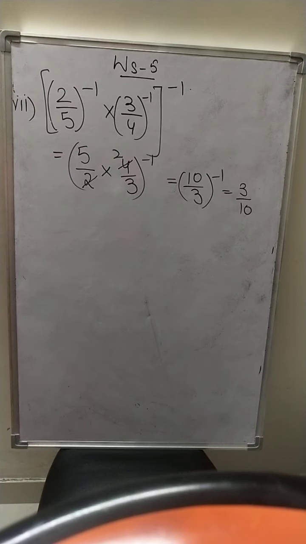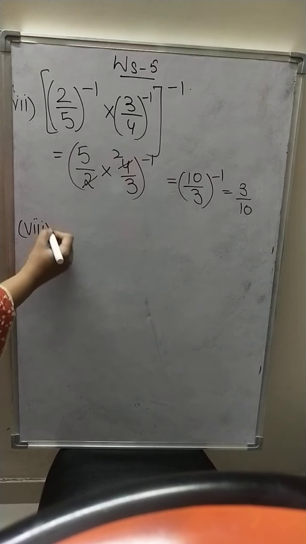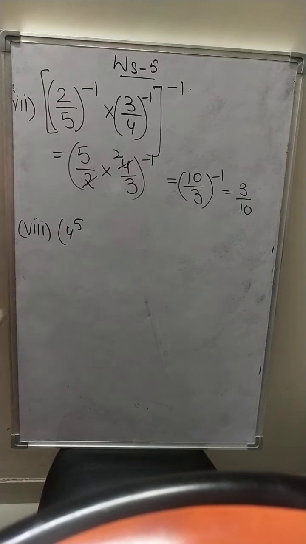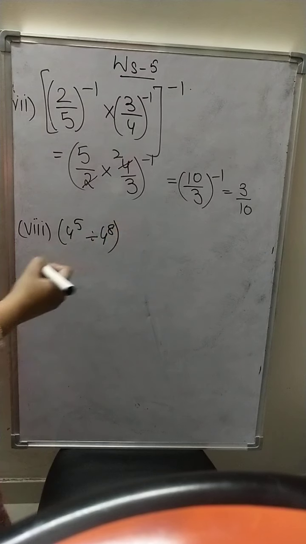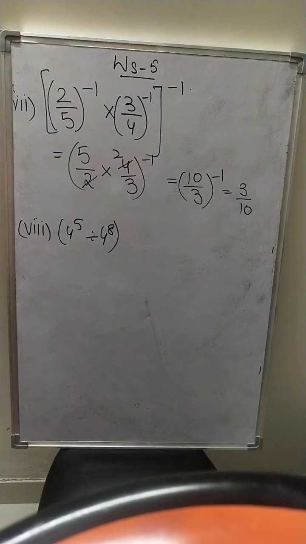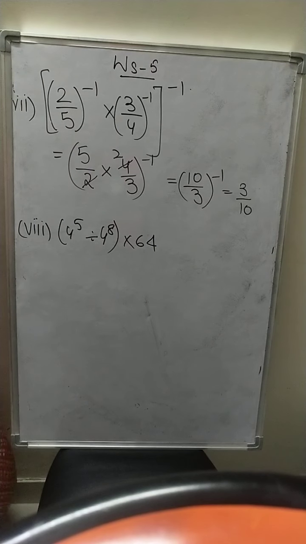So in the eighth part of the question, I have 4 raised to the power of 5 divided by 4 raised to the power of 8, right? Then into 64. Now what would I do?